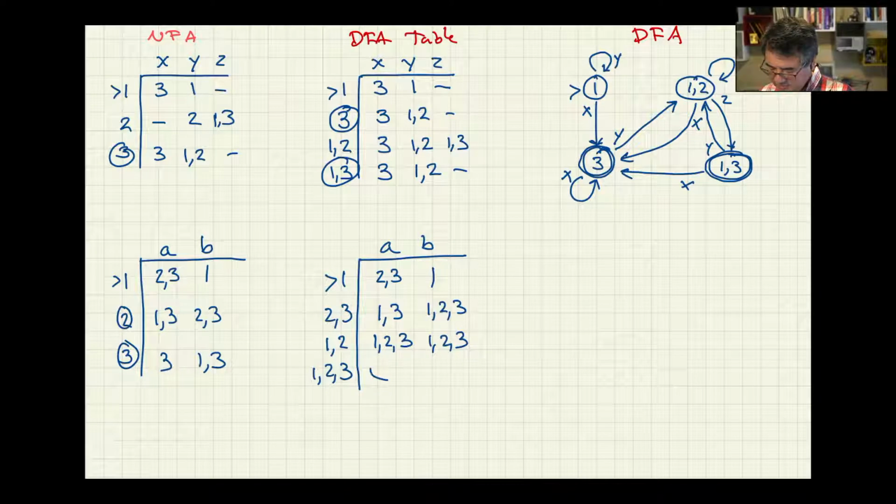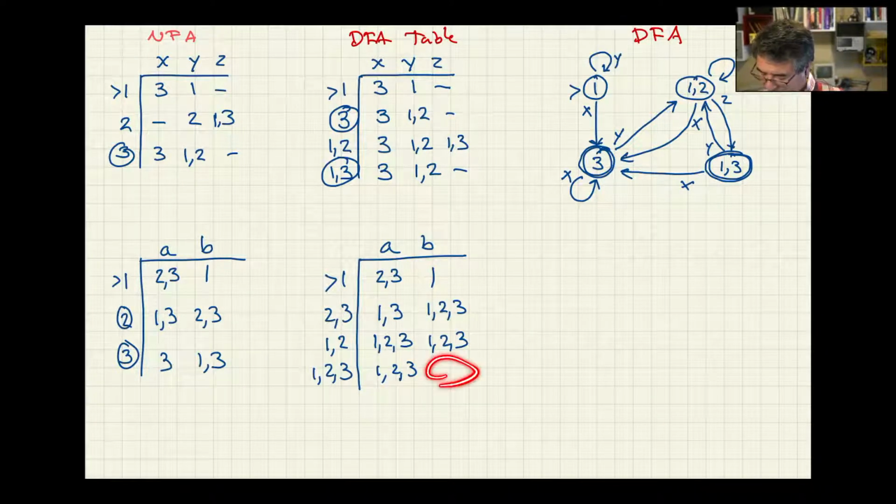And then for the last row, we didn't add anything new, so we got 2 more entries to fill in. What does 1, 2, 3 on an A do and 1, 2, 3 on a B do? So you're going to look at all 3 rows. You're going to combine all these. So that obviously makes 1, 2, 3. What about for B?